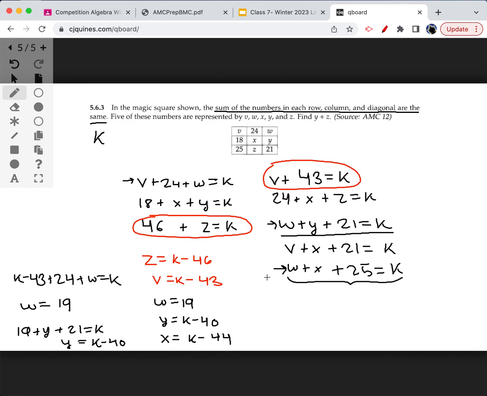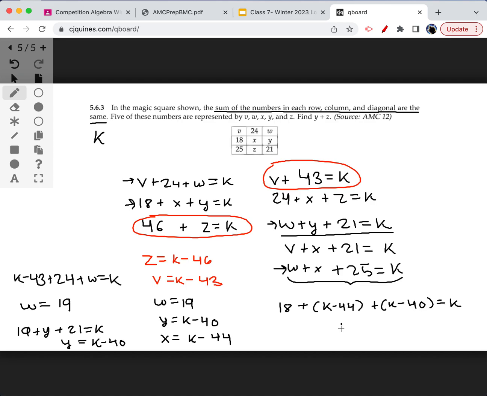So now, let's just substitute in everything we know into the equation 18 plus x plus y is equal to k. So we have 18 plus x, which is k minus 44, plus y, which is k minus 40, is equal to k.